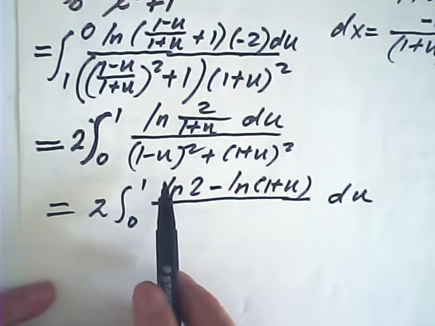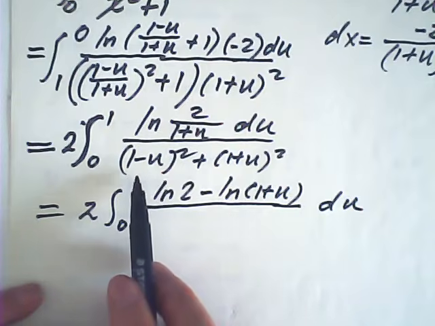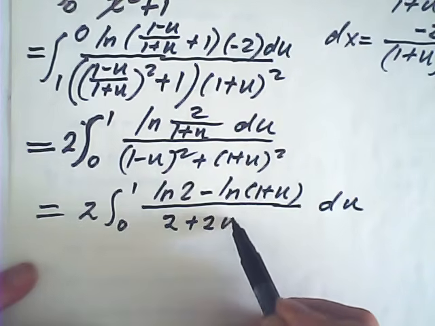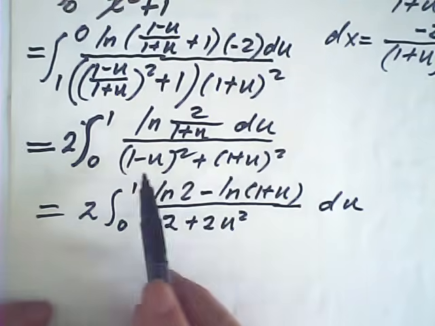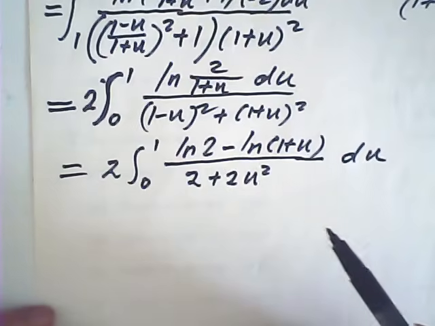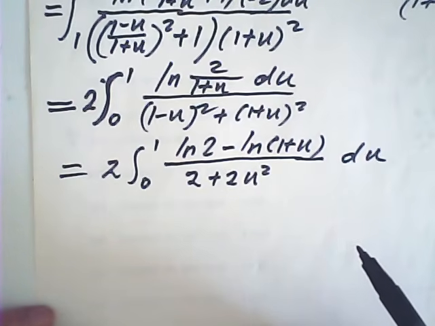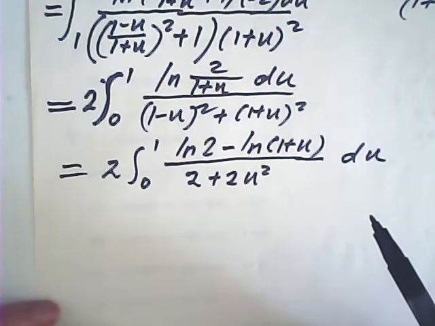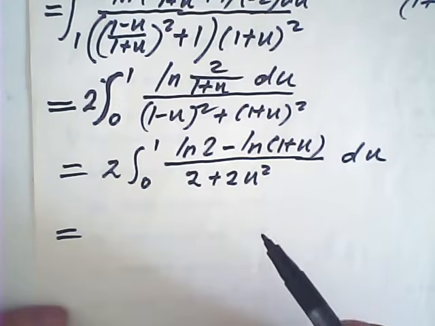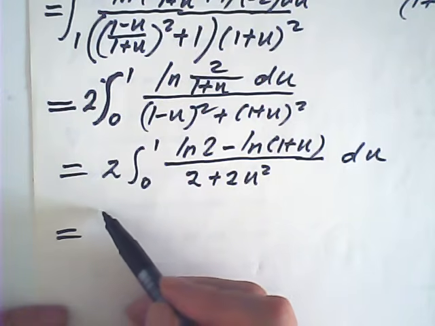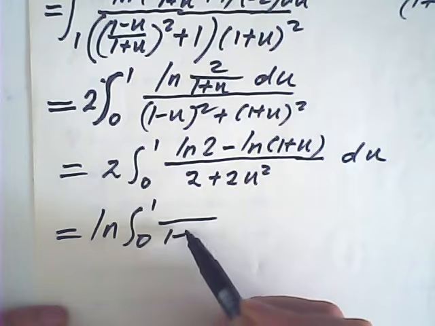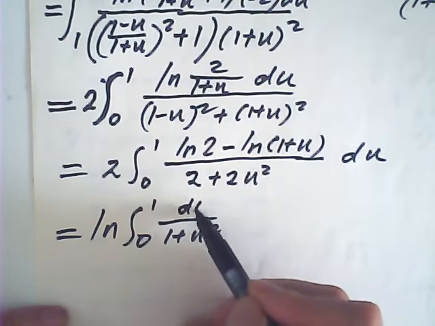This one is 2 plus 2u squared, right? The middle term is being canceled out. So it becomes this one. So the 2 cancels out. So it becomes 2 integral, the first one is 1 plus u squared du, right?